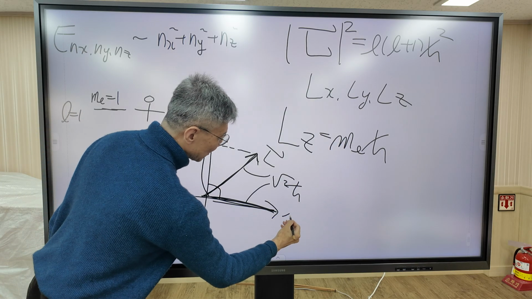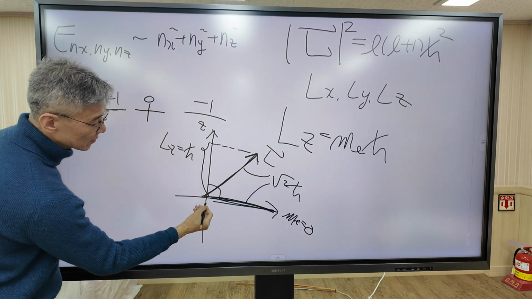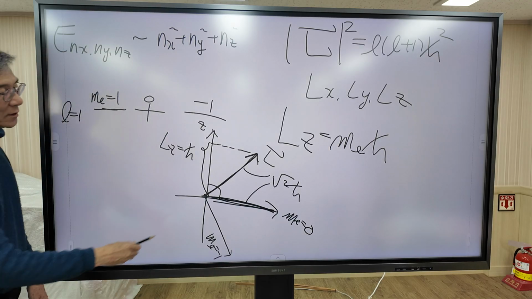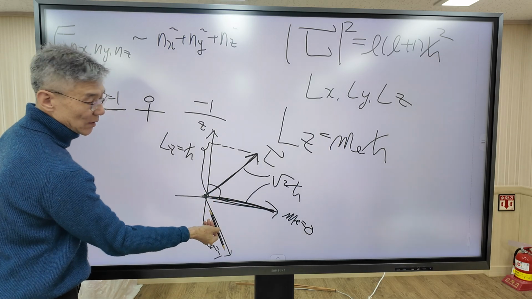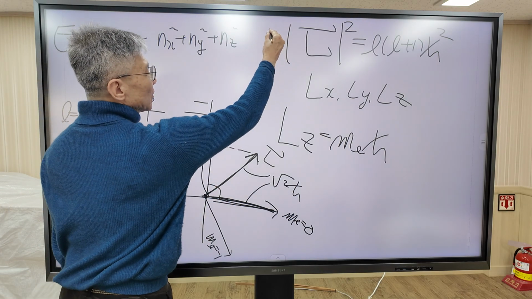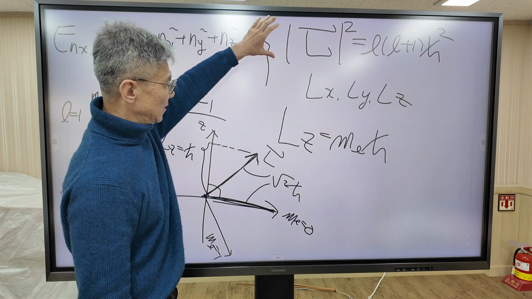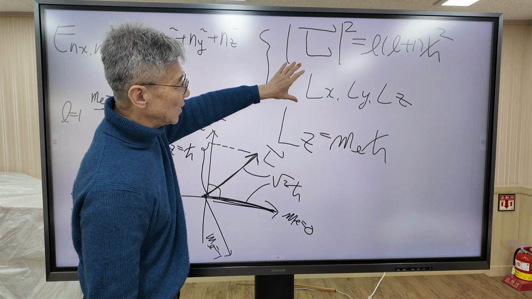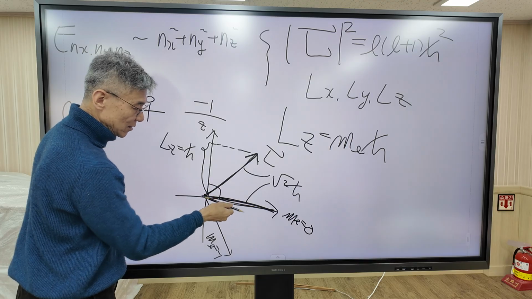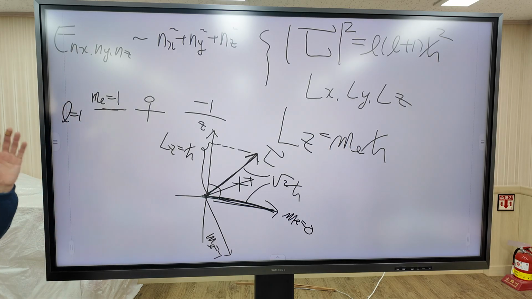So this is the ML equals 1 state, 0 state, minus 1. Only these directions are possible. So according to this formula, the magnitude of angular momentum is quantized, right? And according to the second formula, the direction of angular momentum is also quantized. Only this direction or this direction is possible, this one is not allowed. So the direction is also quantized.